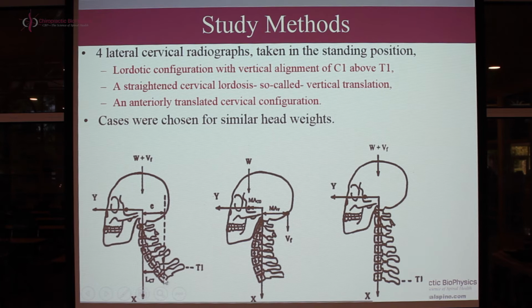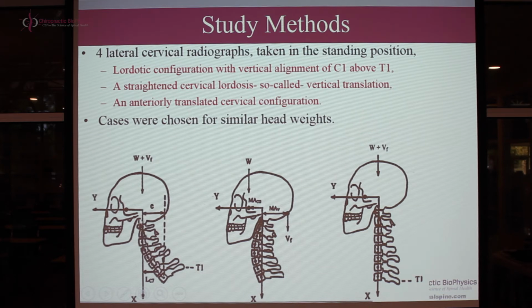And so you can see that lever arm from C1, where the effective weight of the head acts at the lateral mass. You can see E is the lever arm that is experienced at T1 vertebral body center, okay? And then L7 is the lever arm of C7 vertebral body center. And as you move forward, or upward, superiorly, the lever arms are getting smaller.